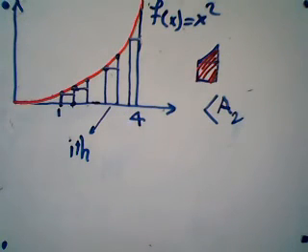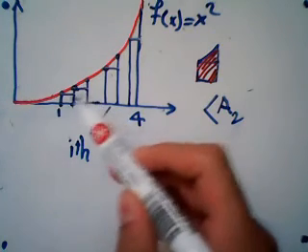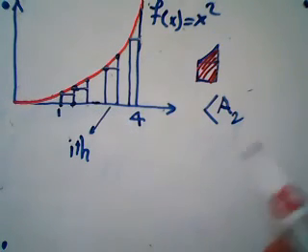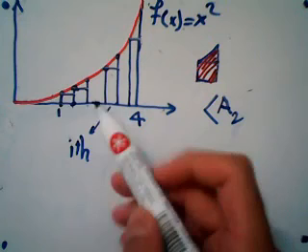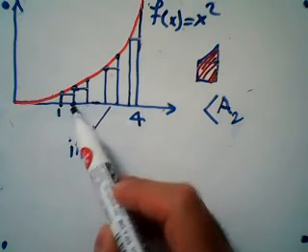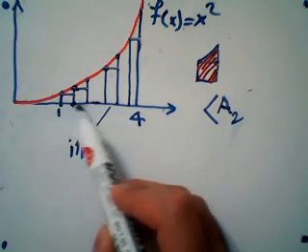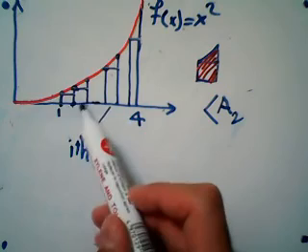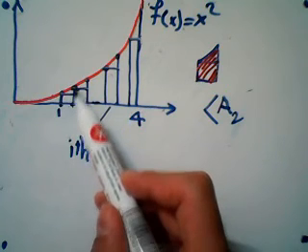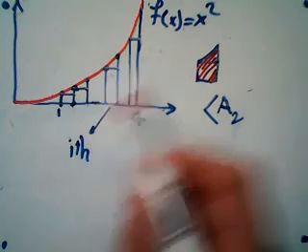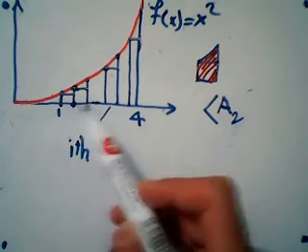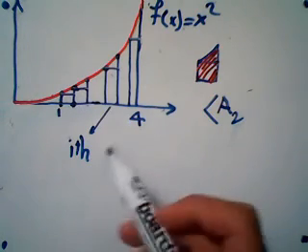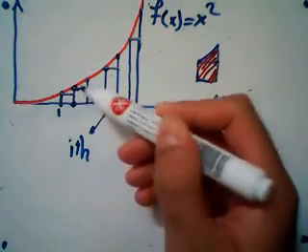Okay, so what is the area of this rectangle? Let's calculate it. The area of this rectangle is the length of the second subinterval times the value of f of x at the beginning point of this subinterval.